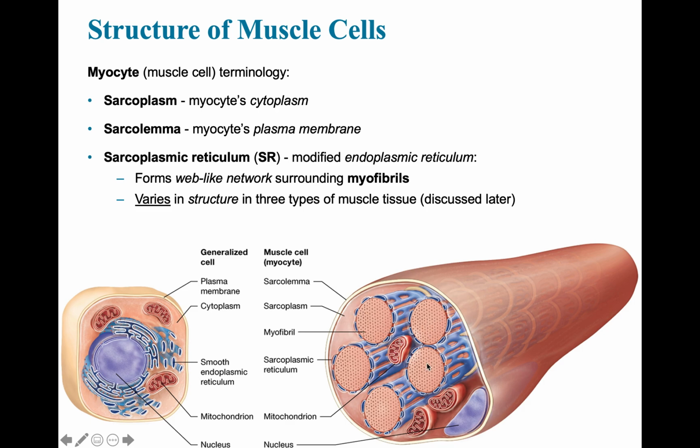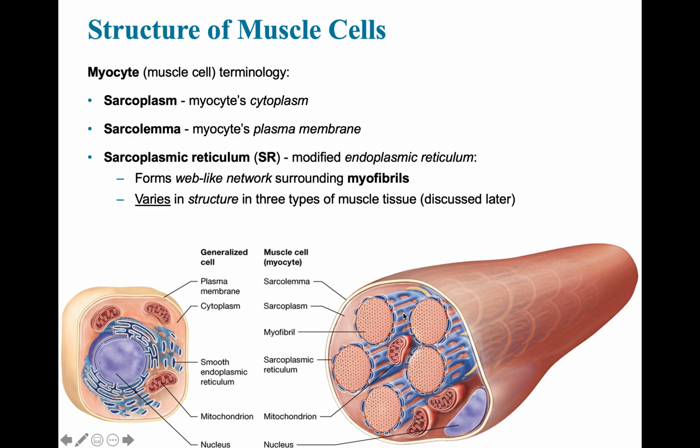So lots of myofibrils just jam-pack the inside, the sarcoplasm of the cell. Here's that nucleus pushed to the periphery because the bulk of what's inside are all of these myofibrils so that it can contract. This blue tubular organelle that wraps around the myofibrils, that's the sarcoplasmic reticulum.